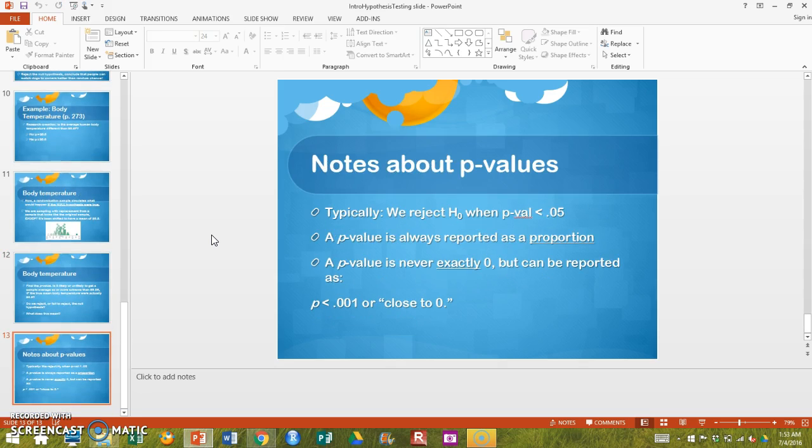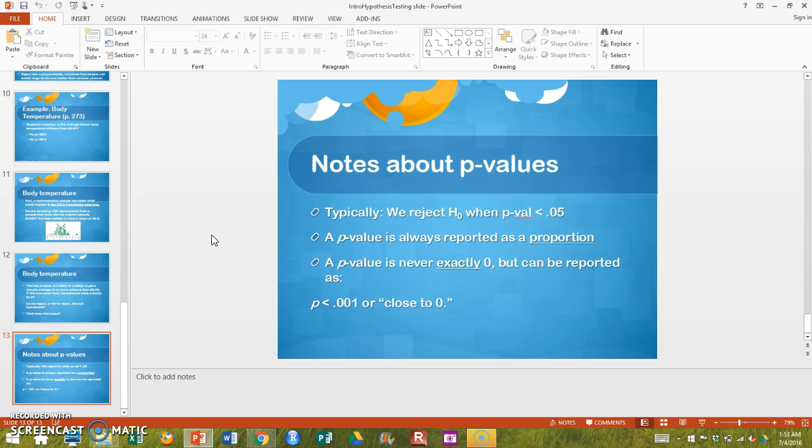And just some quick last notes about p-values. Again, we reject our null hypothesis when the p-value is less than 0.05. That can be fuzzy depending on the field you're in, the context, but for this class, we can just say if your p-value is less than 0.05, we reject the null hypothesis. We tend to always report it as a proportion, so don't write it as a percent, just write it as a decimal. And you may obtain a p-value of 0 in StatKey, where just none of the simulated means or proportions are where your sample mean or proportion is.